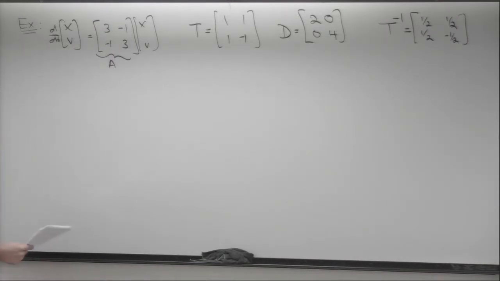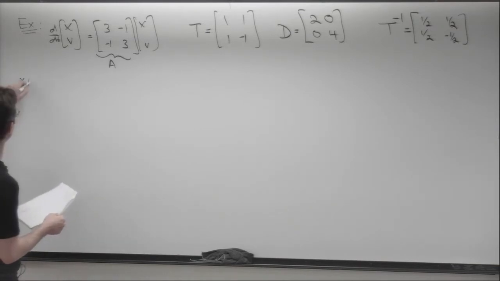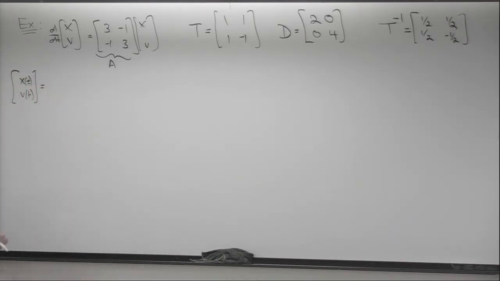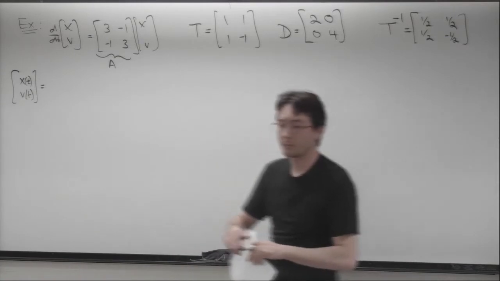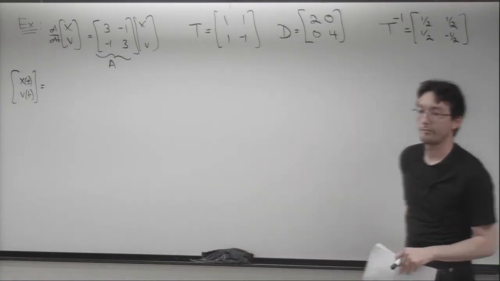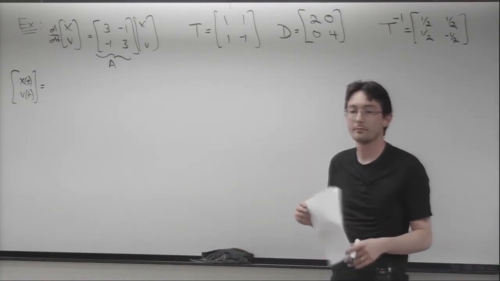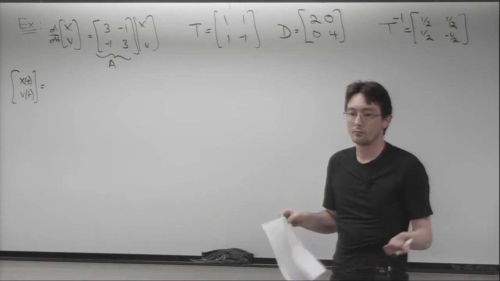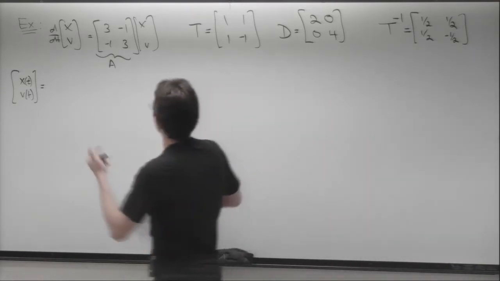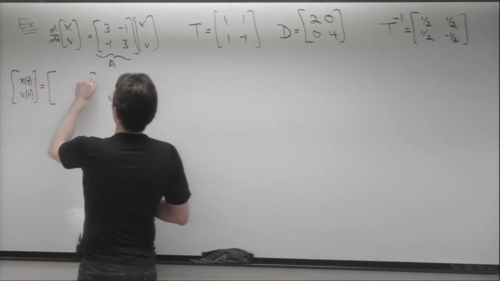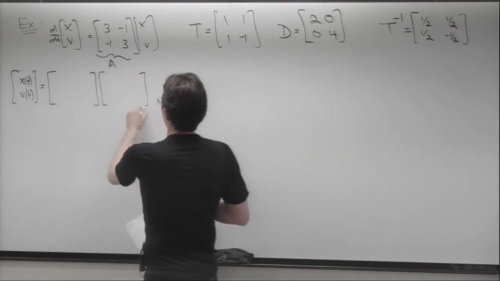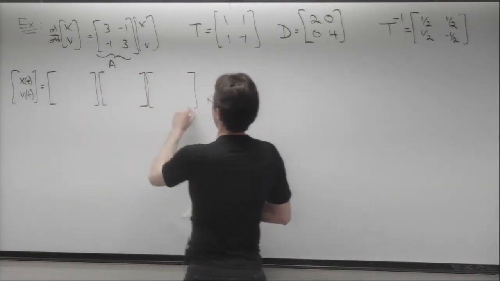Okay, so what is the solution of this differential equation? So x at time t and v at time t equal what? Yeah, it equals T times e to the diagonal t times T inverse.